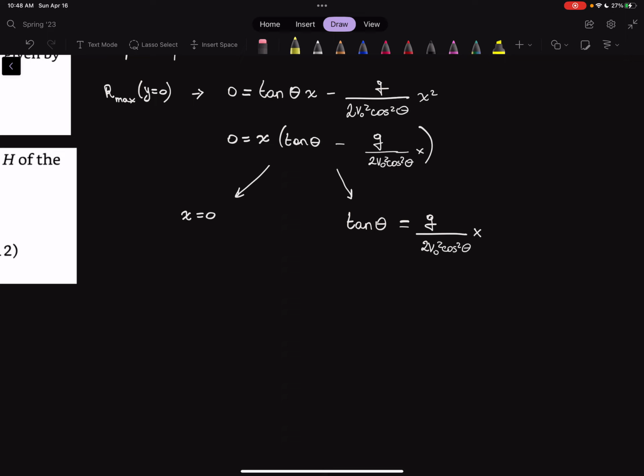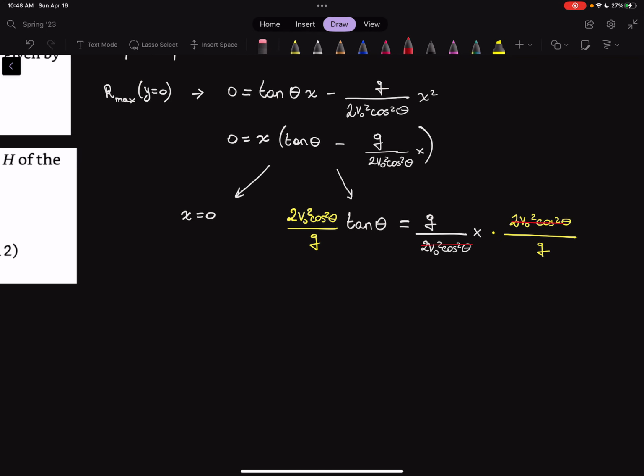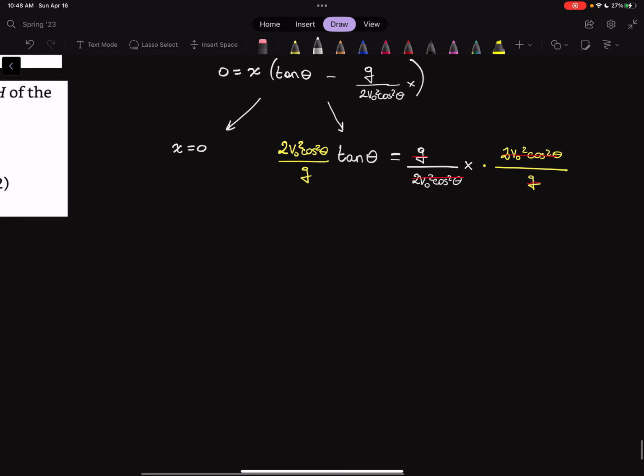And now if I divide both sides by 2 v naught squared cosine squared of theta over g, then this cancels out with this, and we're left with tangent of theta, which I can rewrite as sine theta over cosine of theta.